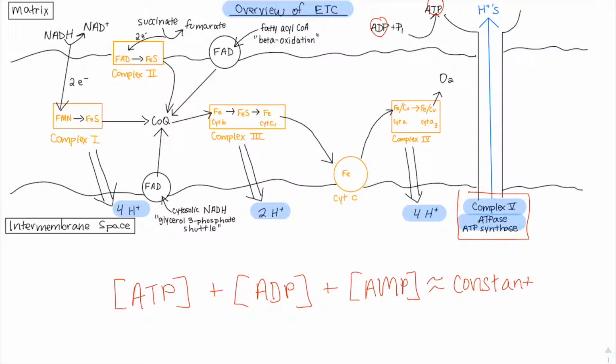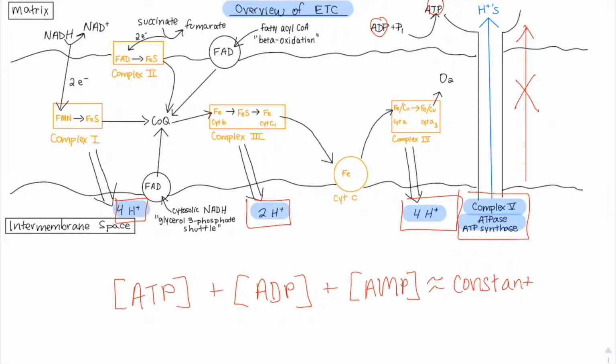That means all these protons being pumped into the intermembrane space won't be able to go back into the matrix. So these protons won't be able to come back in this way.